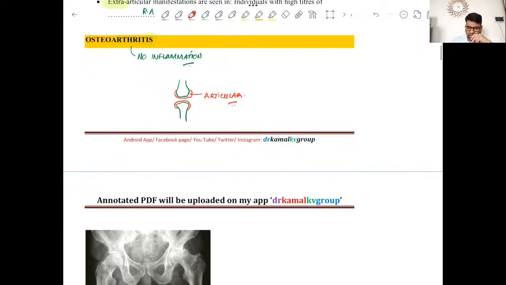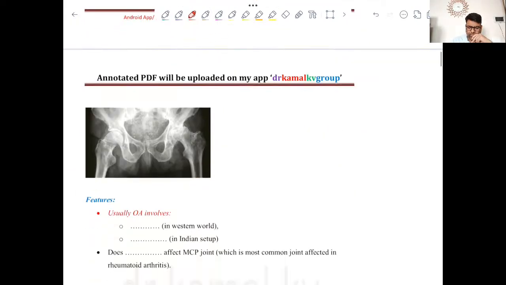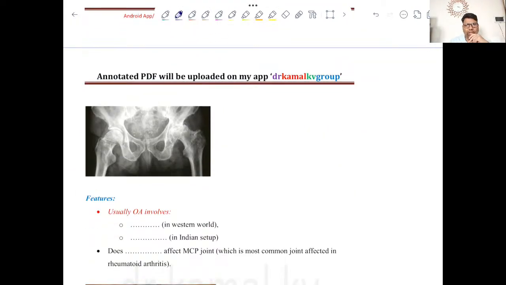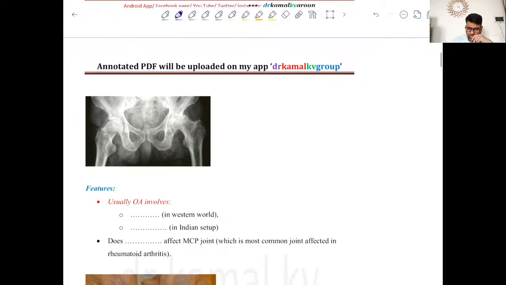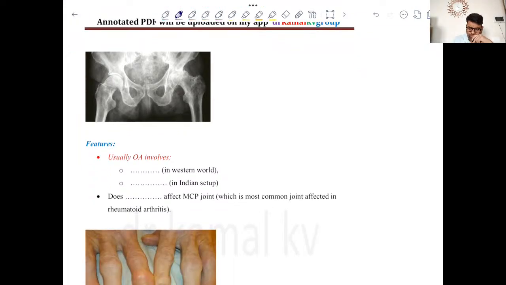So this is degeneration of articular cartilage. Mainly big joints are involved here, in comparison to rheumatoid arthritis, which primarily involves the small joints of the hand. It can involve two big joints: the hip joint and the knee joint.